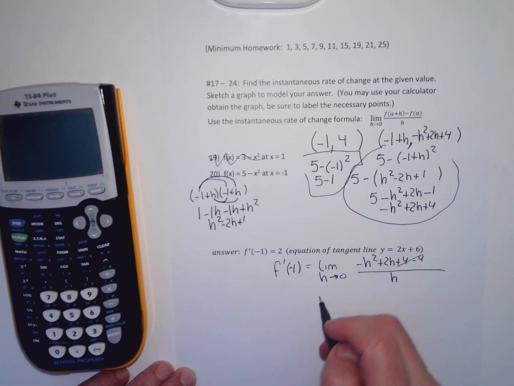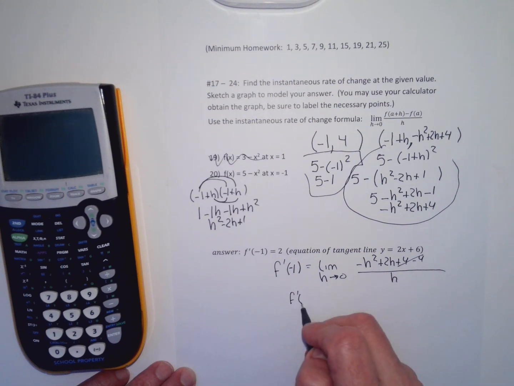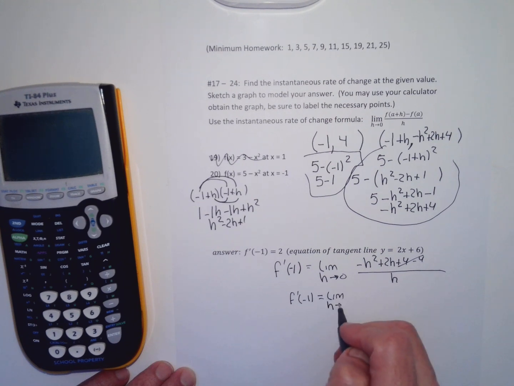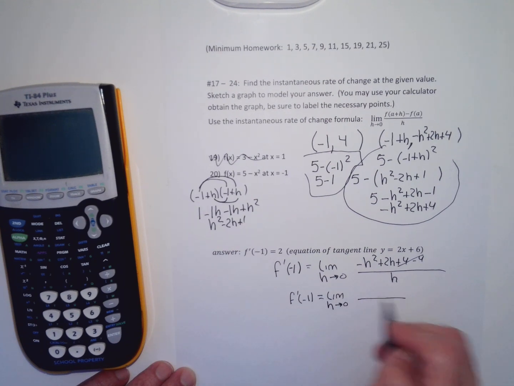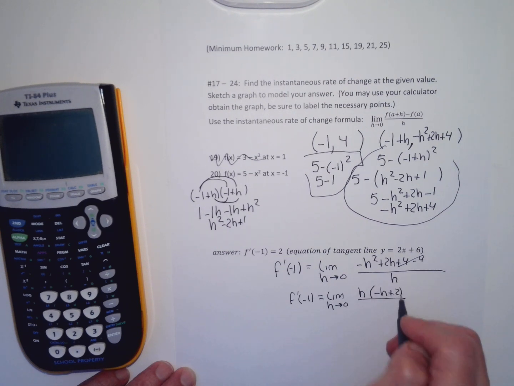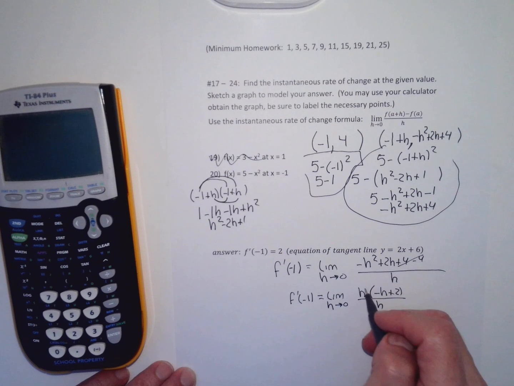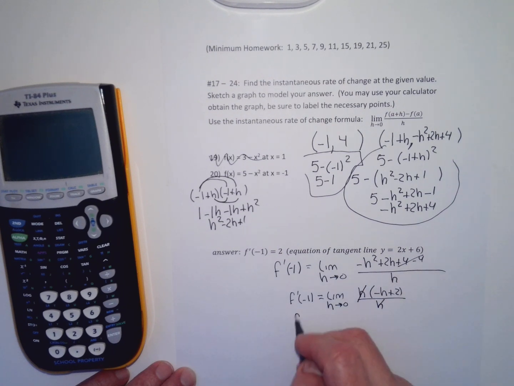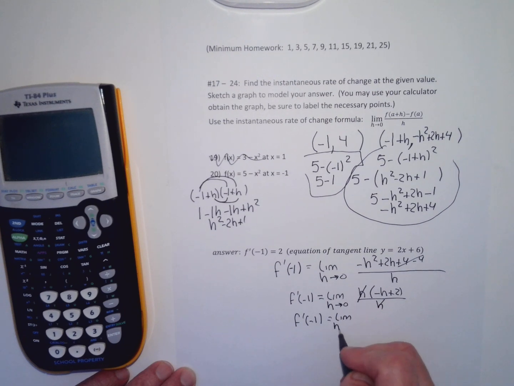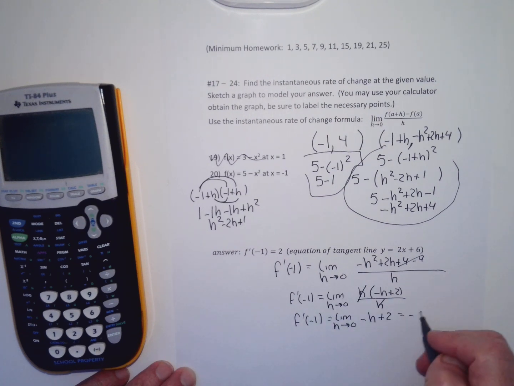I can factor out an h and get f prime of negative 1 is the limit as h goes to 0. I'm just going to factor out an h and not a negative h. I get h times negative h plus 2 over h. Now I can cancel these h's and get f prime of negative 1 equals the limit as h goes to 0 of negative h plus 2. Fraction is gone. Now I can plug in 0. This is going to be negative 0 plus 2, and that's just going to be 2.